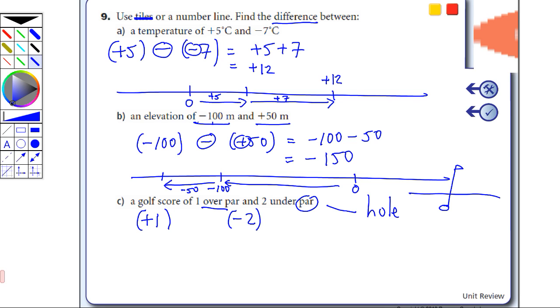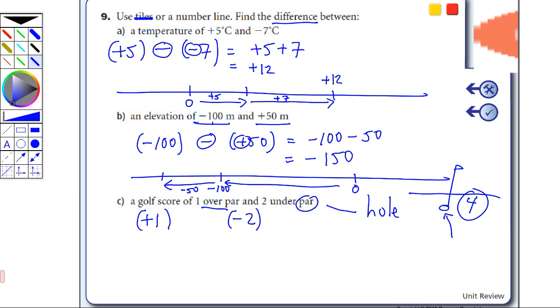Each hole has a number that somebody has decided is the right number of swings or shots to take. So for example, a particular hole might have par 4, which means if you get the ball into the hole in 4 shots, then you are at par or even par.